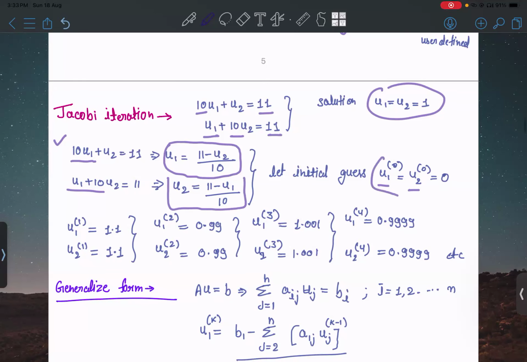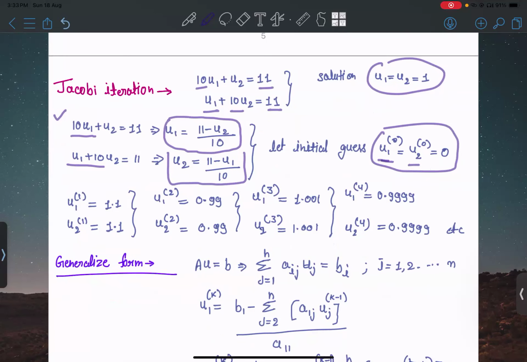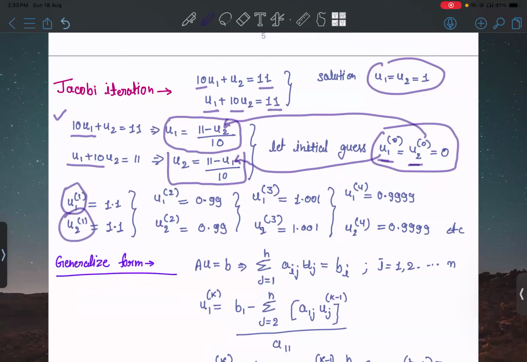You can assume any initial guess. Then we put these values in the equations: u1 and u2 go here, and similarly u1 goes here. Then we find the values of u1 and u2 at the first iteration. Then I use these values and put them in these equations again to get u1 and u2 at the second iteration, and I move on like that.